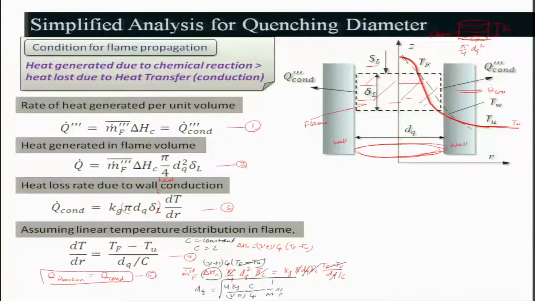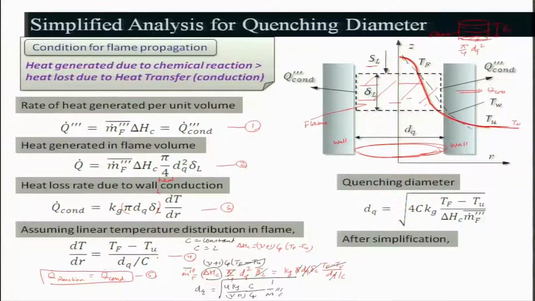This is some arbitrary value we have taken, otherwise if I take a linear profile I will take C as 2, right. So, after simplification, because we know that m dot F is basically 1 over 32 by 9 alpha by rho u nu plus 1 by S L square.